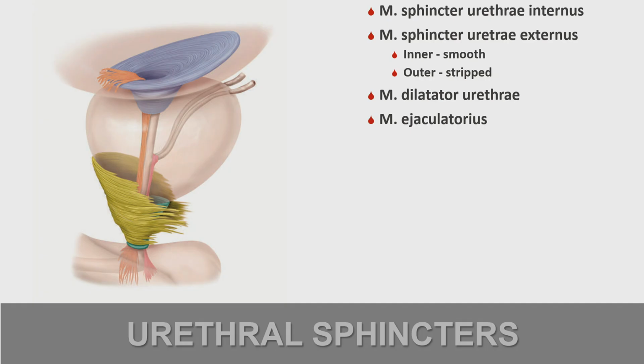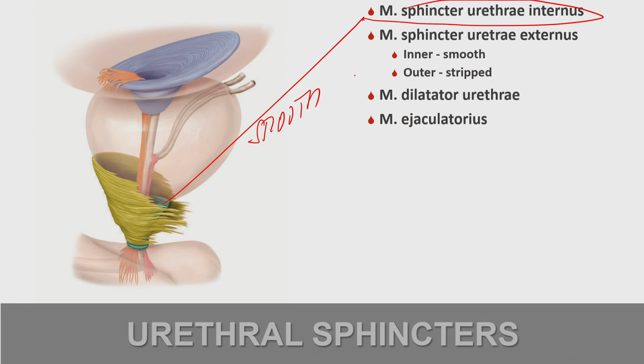Urethral sphincters in male are more complicated, but in general in the same manner as in the female, more complicated because we have here the prostate. So we have a sphincter urethrae internus. So this is smooth. Then externus, which has inner and outer layer, smooth and striped. And then we have also the muscle which is seen here.